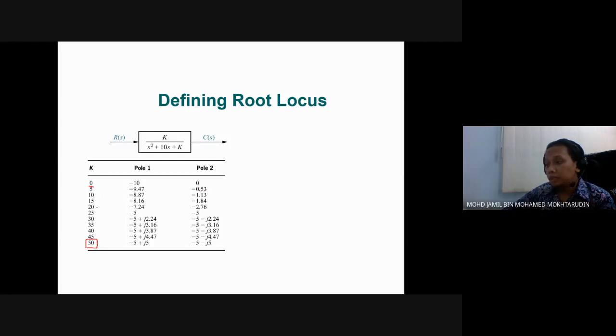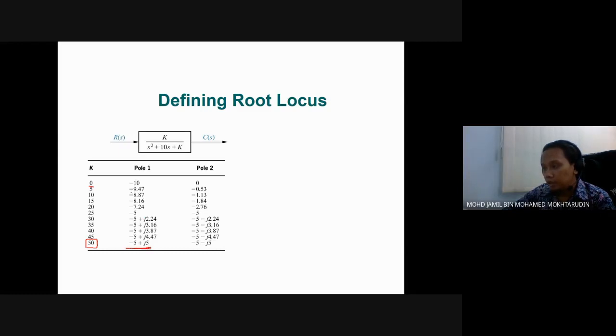Then you repeat the process for different values of K. You will see that the K value will change from minus 10 and 0 to a new value, I would say a more constant value.